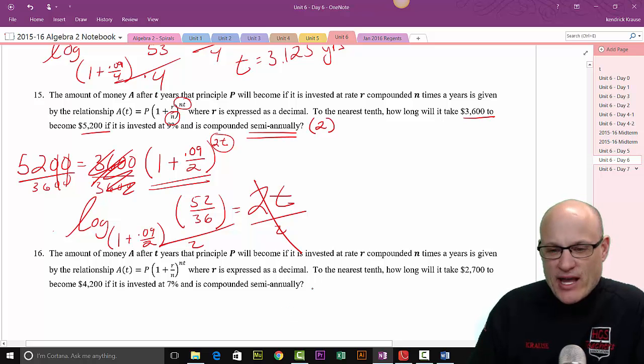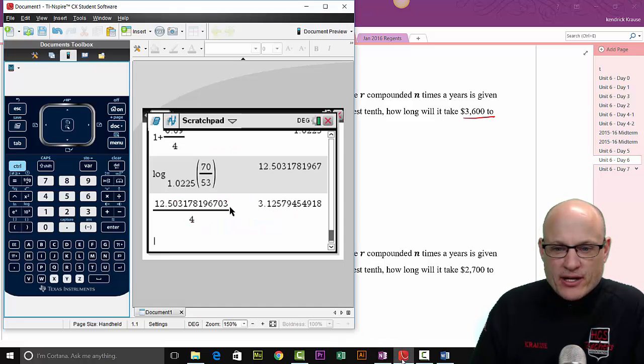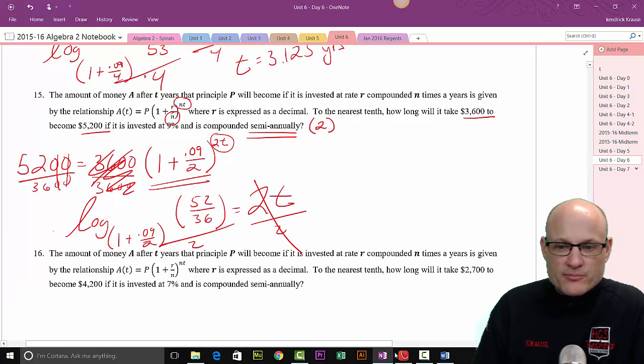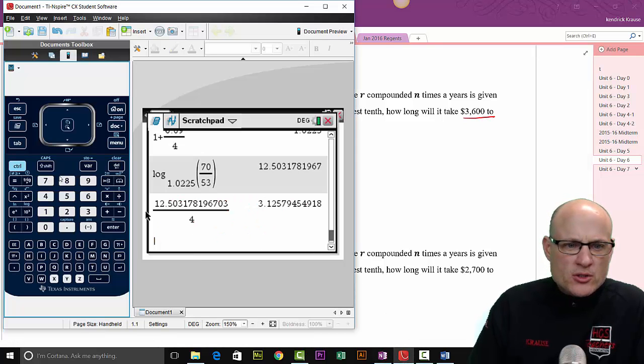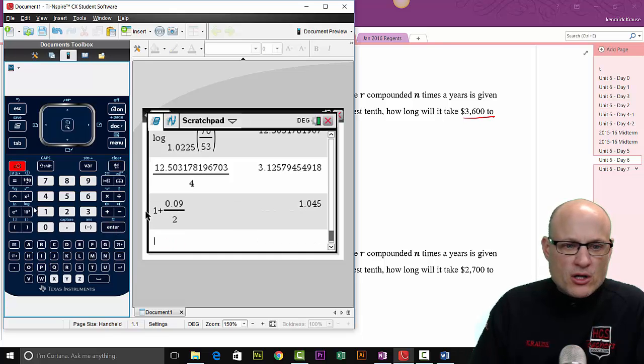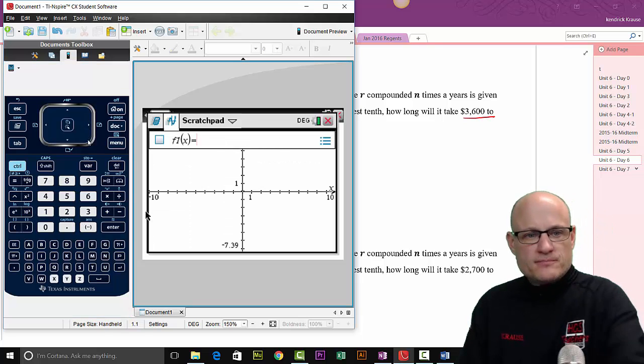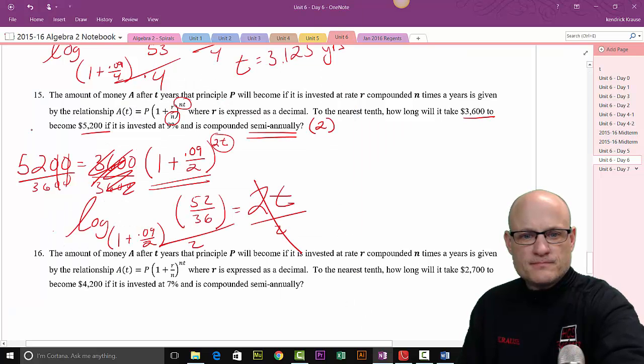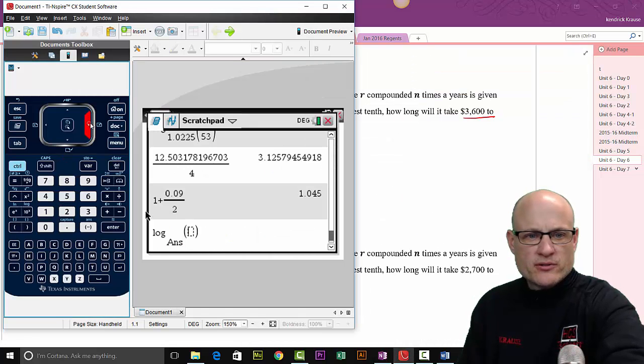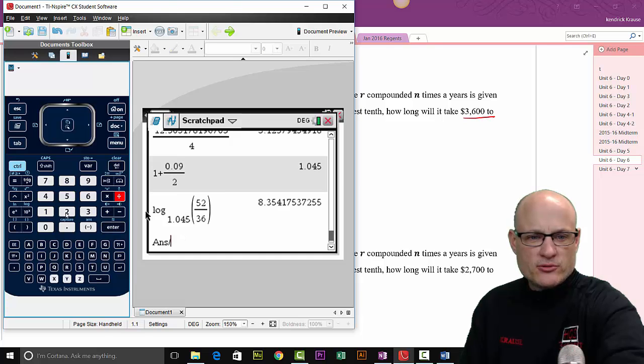Next, I'm going to do the next one exactly out so you can see it. It's just kind of a pain in the neck with these calculators, or with these strange numbers. 1 plus 0.09 divided by 2. So log of that number of 52 divided by 36, enter, divided by 2.